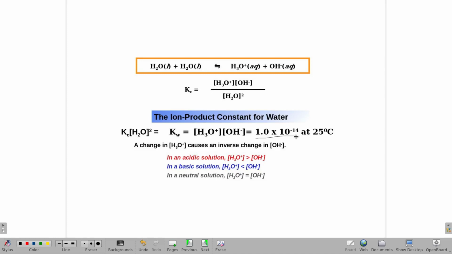We can use that anytime we want to figure out what the OH concentration is if we're given the H3O concentration. They are always going to be mathematically comparable to that 1 times 10 to the negative 14th.